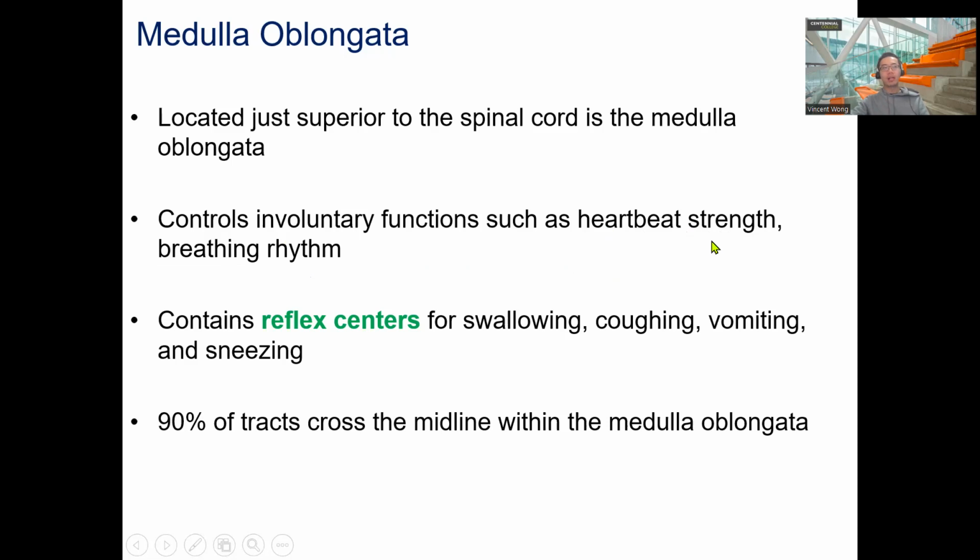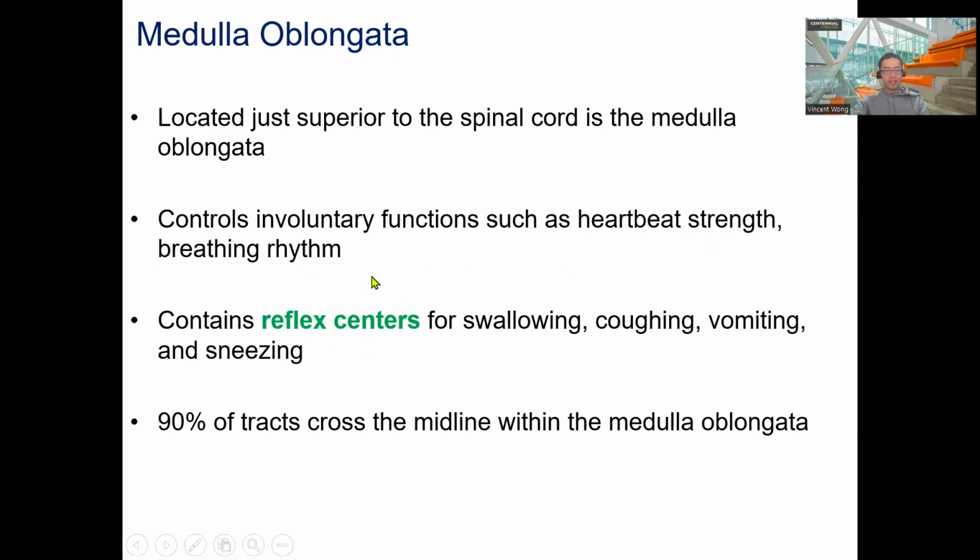So heartbeat strength is going to affect the stroke volume, right? How hard the heart squeezes will determine how much blood comes out of it, and that will control things like cardiac output. Everything is kind of related.